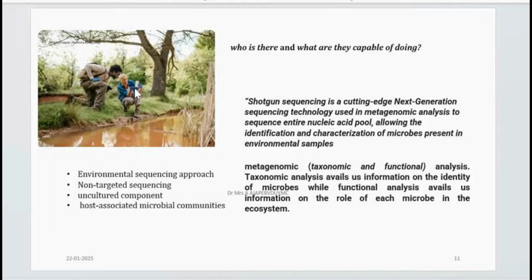Further, amplicon sequencing can provide an idea about the taxonomic position of a particular bacterium in a microbial community, but it is really impossible to resolve the biological function associated with the taxa, right? So that is the limitation of the amplicon-based method.